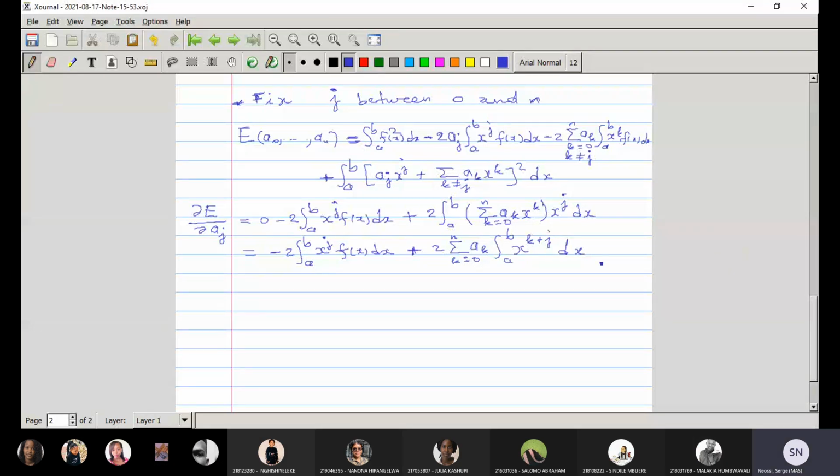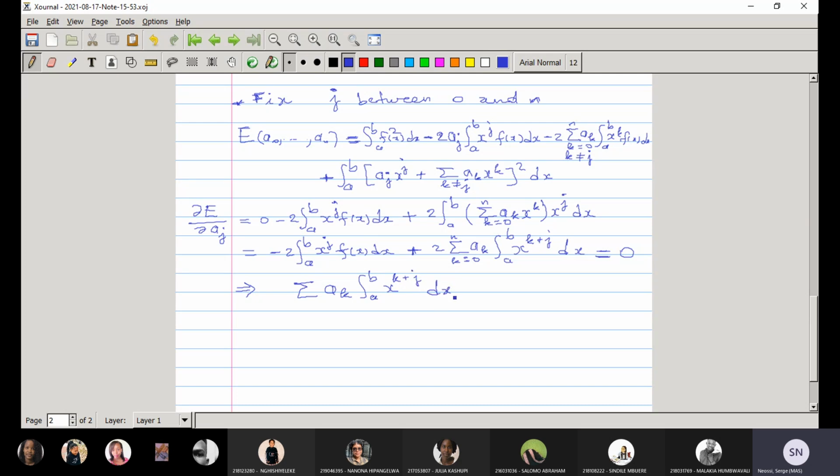So now, if I enforce that this is 0, I divide the entire expression by 2, and I take this to the left-hand side. This implies we have this expression, the sum of ak, the integral from a to b. Some people are still puzzled about how we got this result.